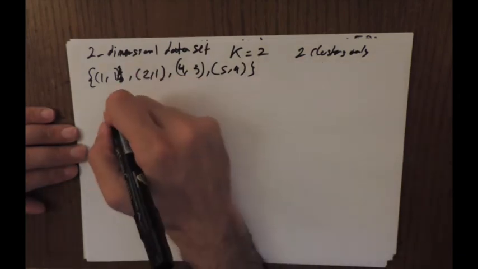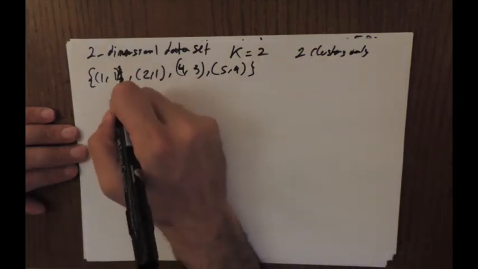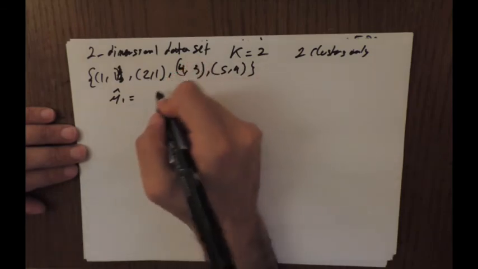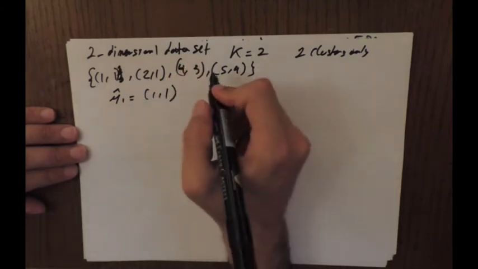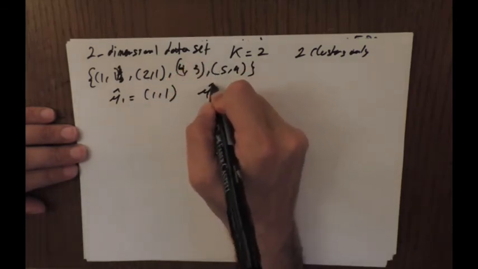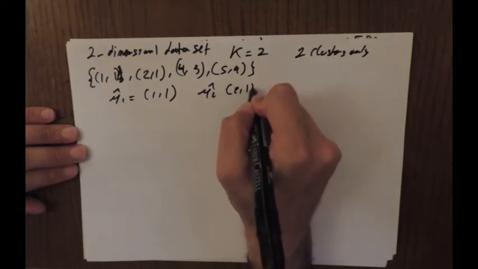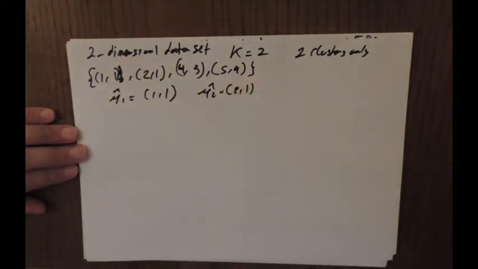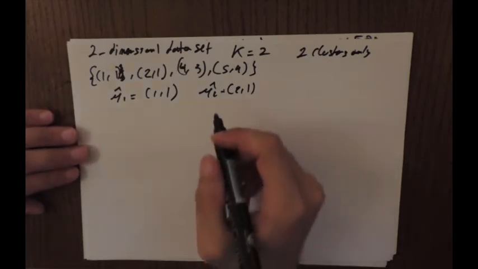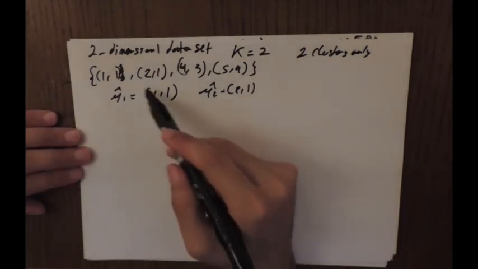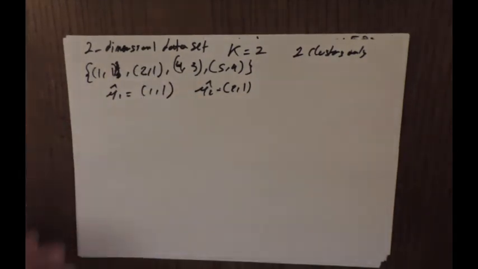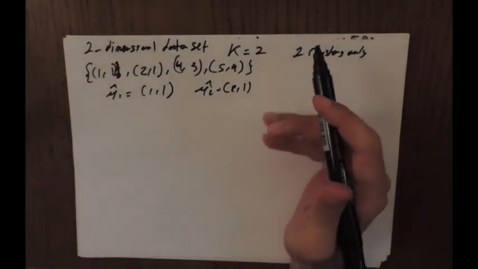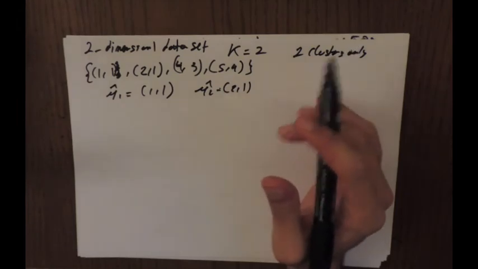So first let's use an estimated mu1 for cluster 1 to be the first point, arbitrarily, and mu2 to be 2, 1. Now we need to calculate the Euclidean distance between each point and the mean to find which point belongs to which cluster.